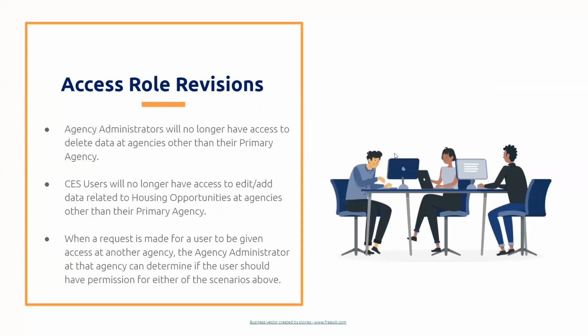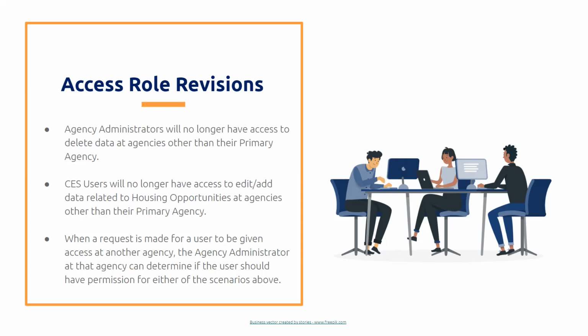So the first update is access role revisions. This update mostly only applies to users that have access to more than one agency in HMIS. So if you or your users only have access to your own agency's data, this doesn't really apply to you.